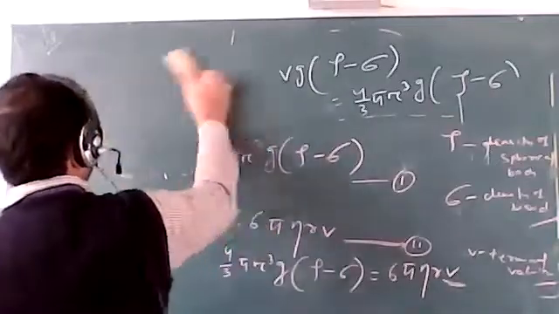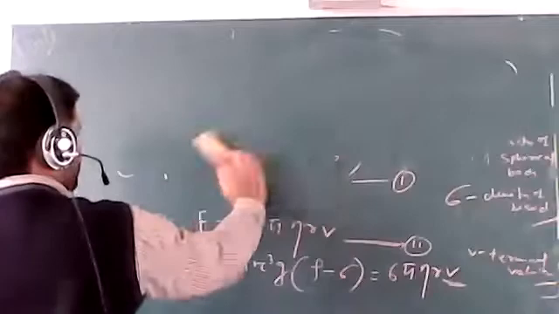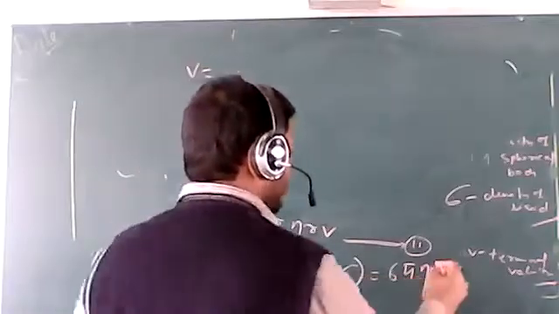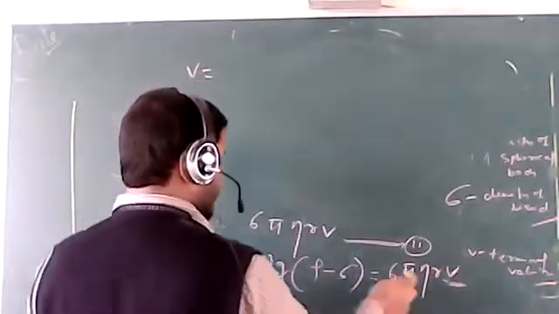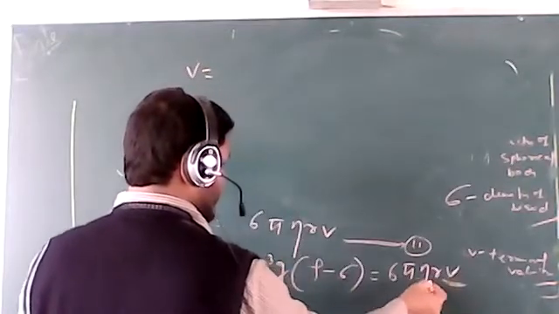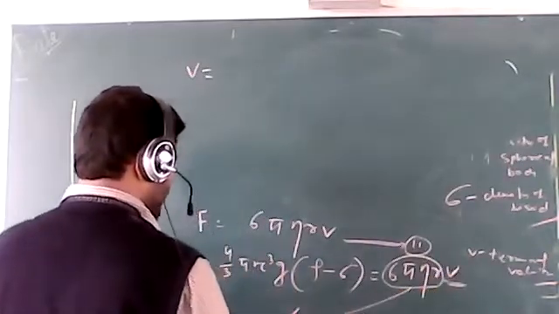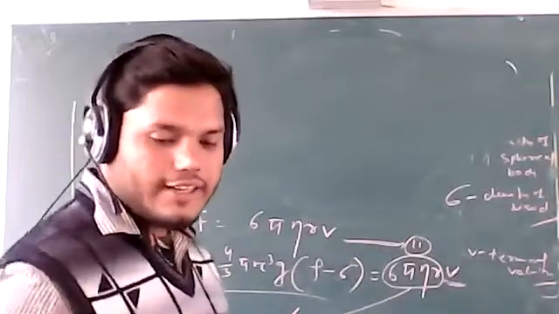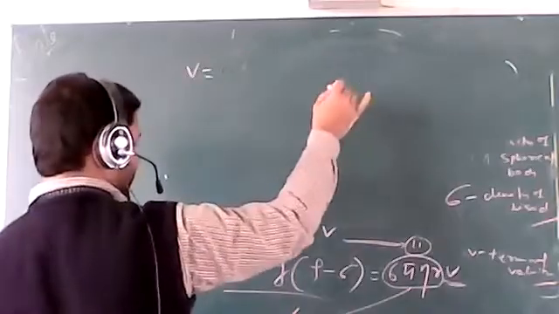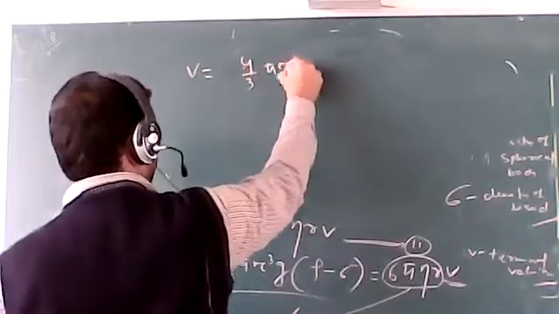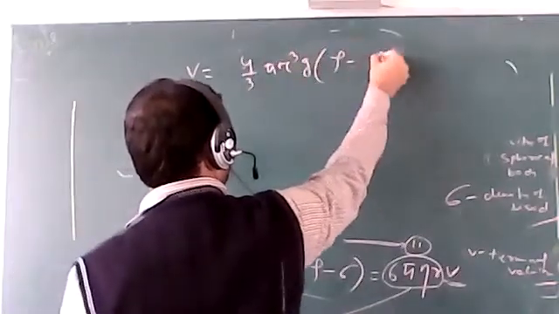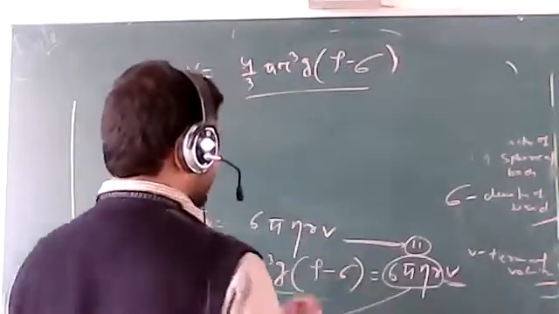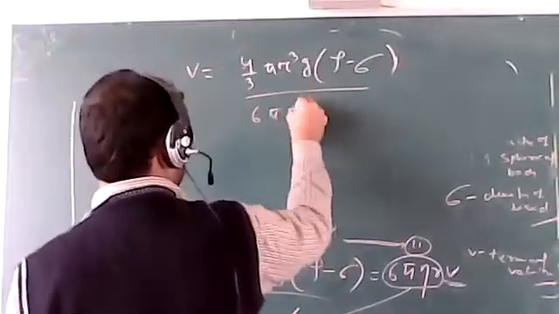So we can write v, the terminal velocity. If you want to find out the terminal velocity, then if this will be equal to this, we can find v by dividing this term by this denominator. So v, the terminal velocity, will be 4 by 3 pi r cubed into g into (rho minus sigma) divided by 6 pi eta r.